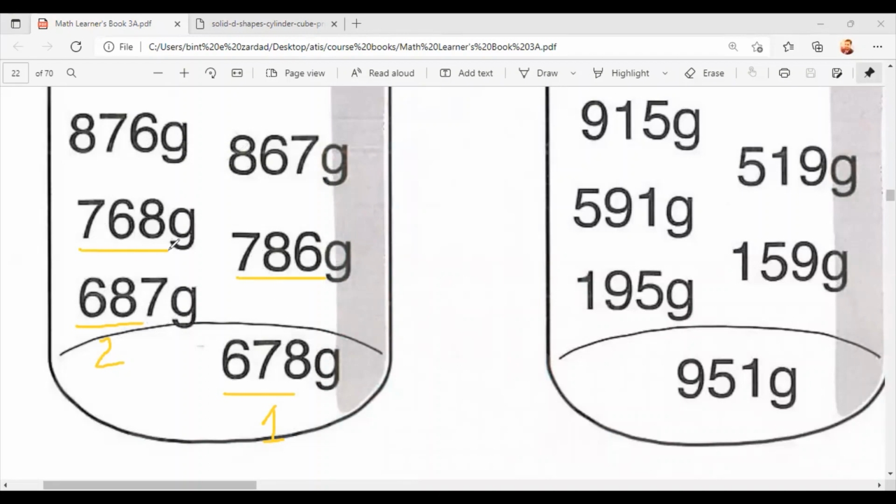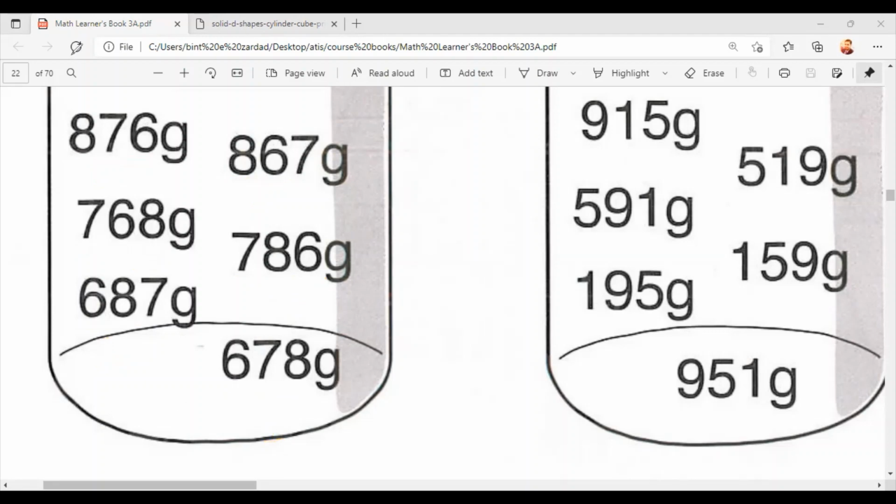After this 700. 700, we have 2 numbers, 786 or 768. This is the smallest one, so 3, and this is the 4th one. And after this 800. Both 800. So this is 876 and 867. Which is smallest from these two? This is the 5th one and this one 6. So like this we can arrange from smallest to the largest.